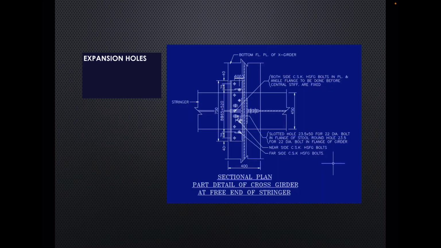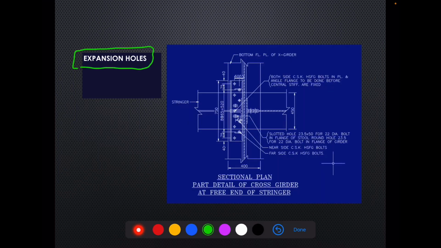Now, let's move on to the expansion holes. Expansion hole is another typical arrangement which is generally followed in longer open web girders. In shorter open web girders, they may be avoided, but typically, if it is more than 60 meters, then the arrangement of expansion holes is provided.